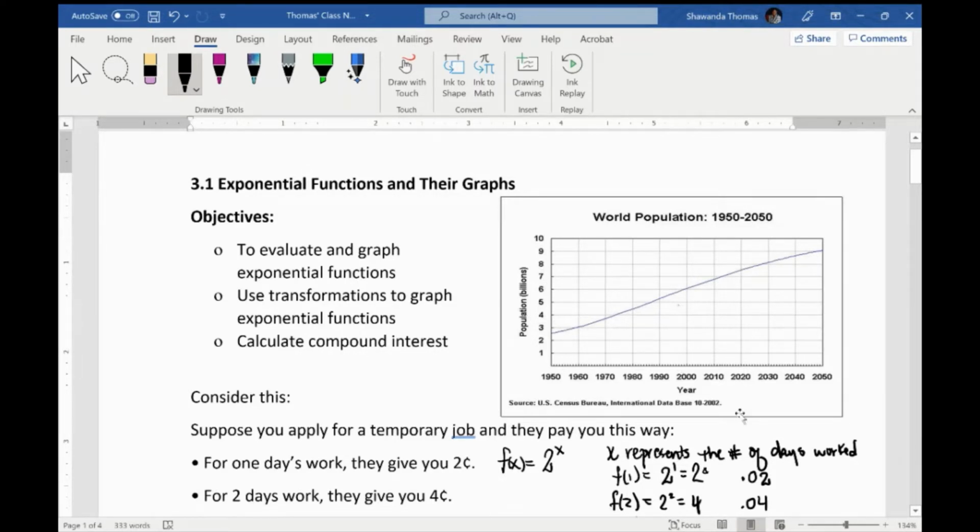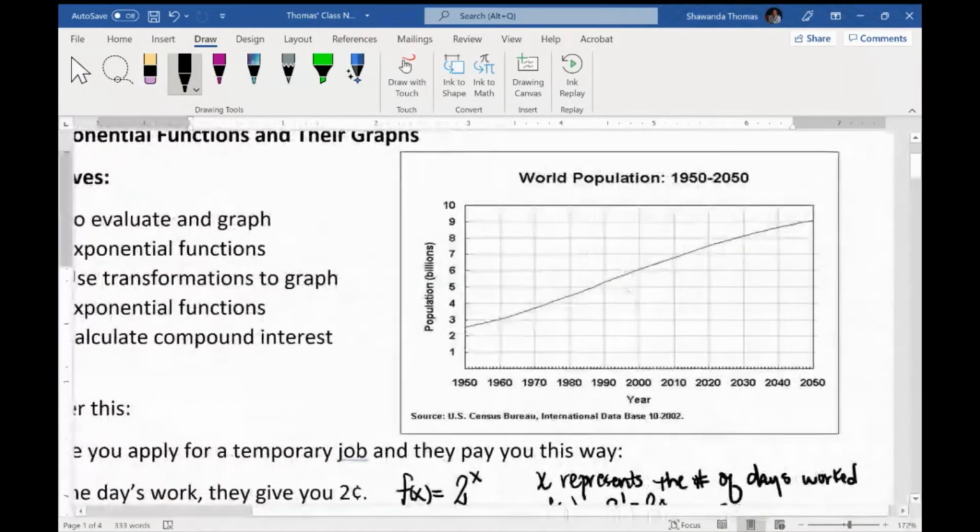So 2030, what would you approximate the world population to be? If you had to guess. Like 8.2. Yep, I'll probably say something like that. About 8.2. Yeah, that's good. I like that.